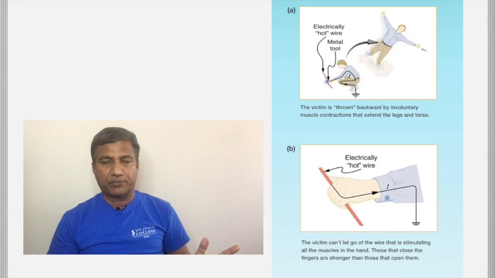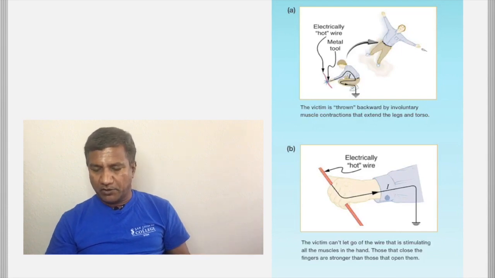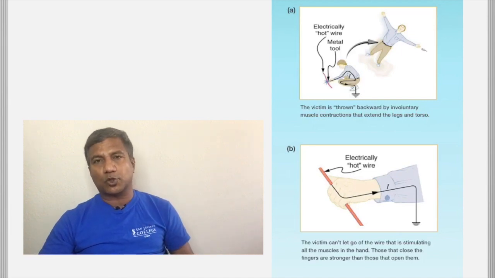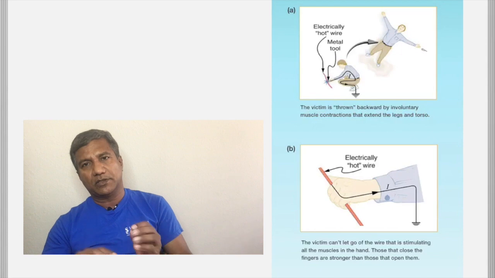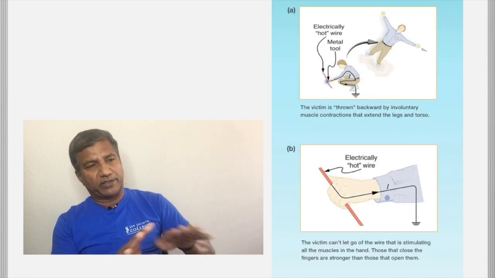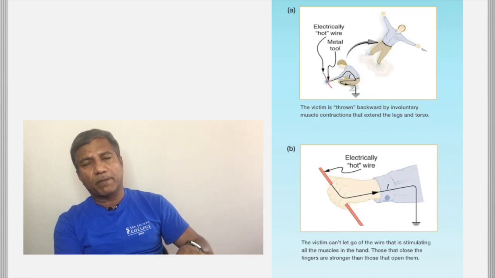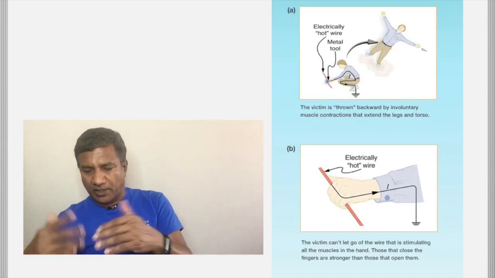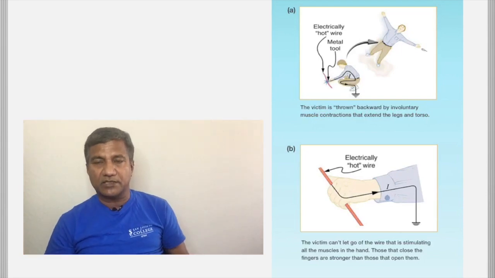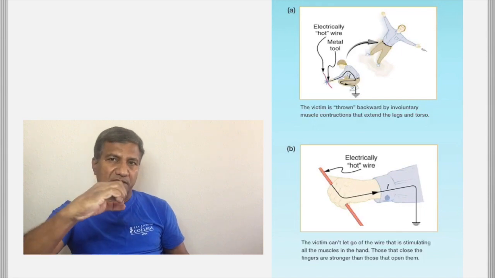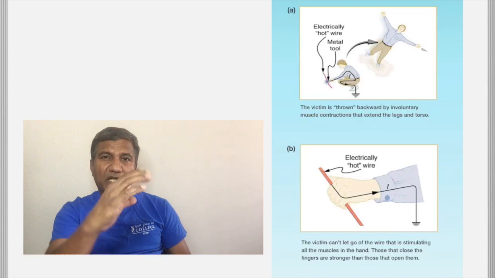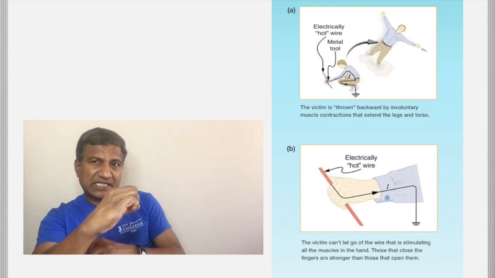Two things can happen. Number one, because of the involuntary muscle contractions, the victim can be thrown off from the electrical cable or from wherever he's touching the live wire. He can be thrown off, which in one way is better, as compared to the second case where the muscles that close the fingers become stronger than the muscles that let them open.